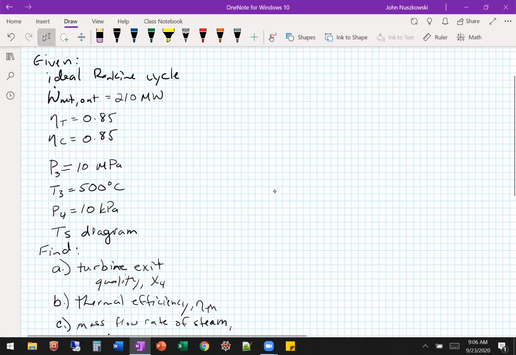Put up our schematic. Got our pump. That goes into our boiler.